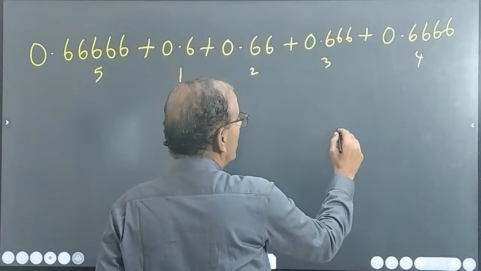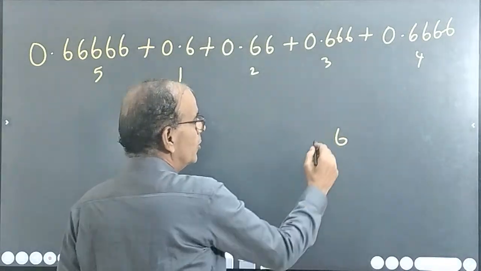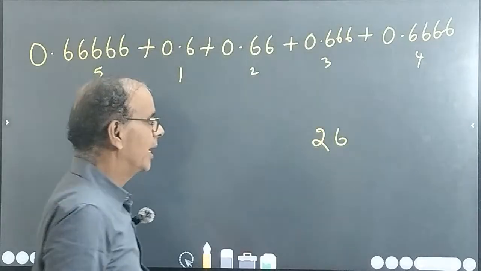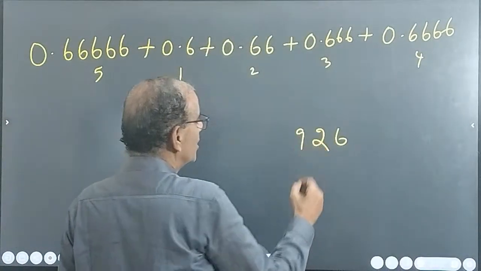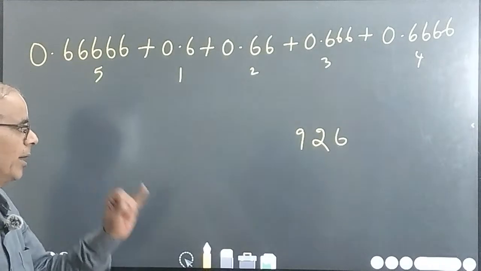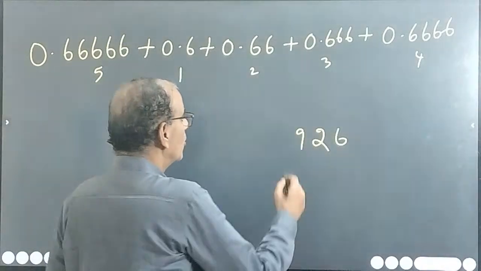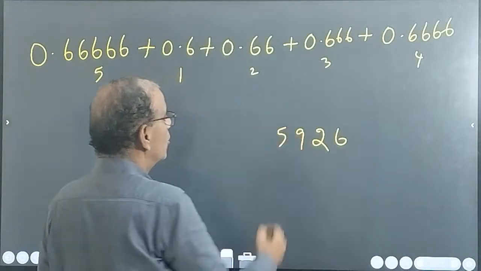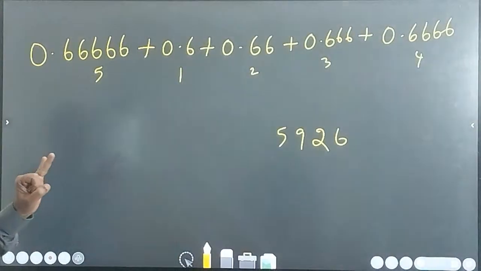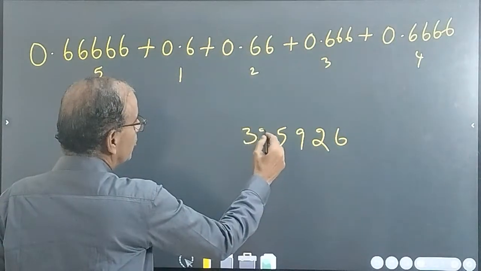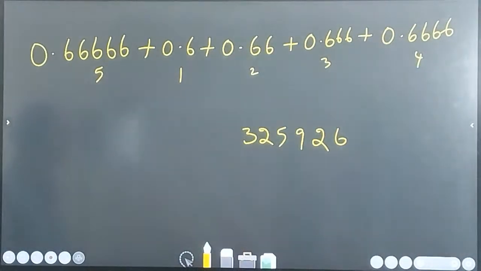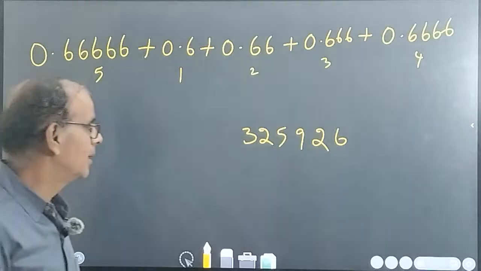Don't do 1 six is 6, 2 sixes are 12. Carry over 1. 3 sixes are 18, 18 plus 1, 19. 1. 4 sixes are 24, 24 plus 1, 25. 2. 5 sixes are 30, 30 plus 2, how much? 32. Here we have to start from the lowest number.